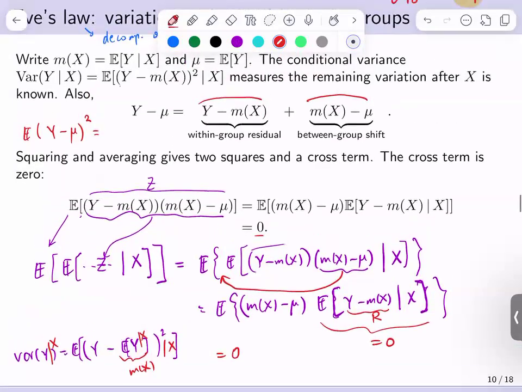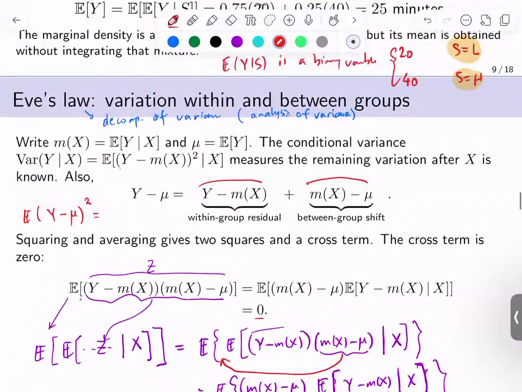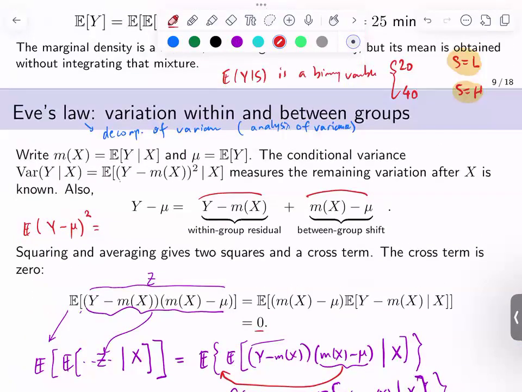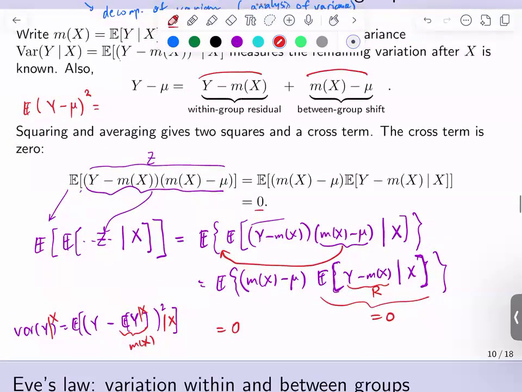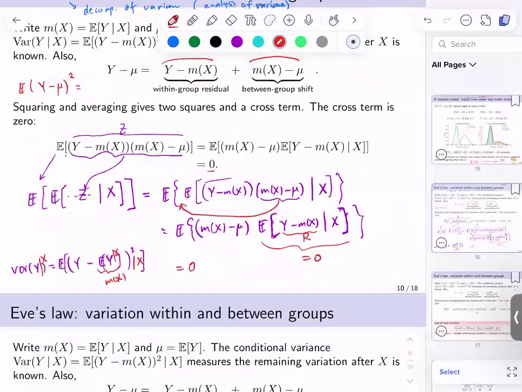So what I end up having when I compute this is that the cross term vanishes. Let's do it here rather quickly.